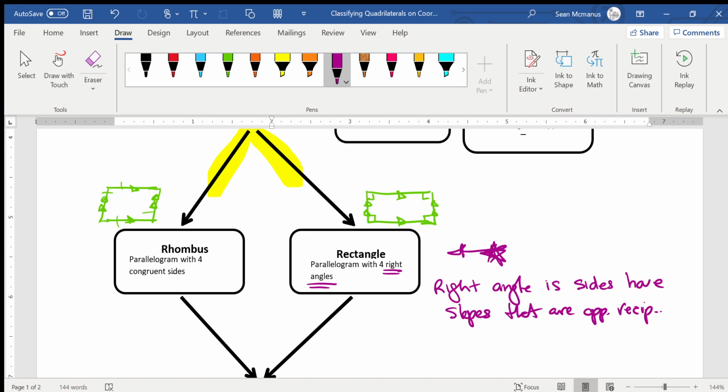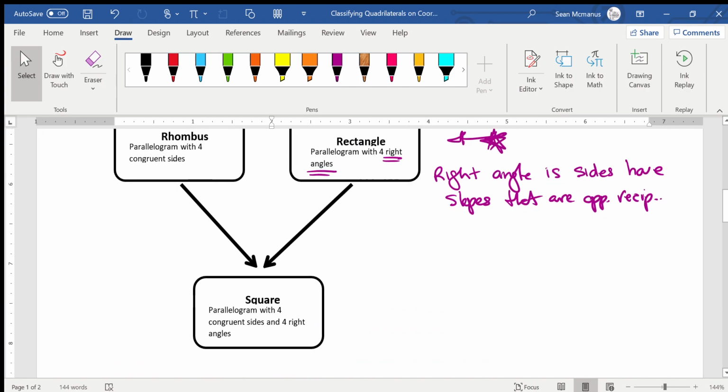So that's going to be really important. We're going to look at the length of each side, and then we're going to look and see what the slopes of each side are, and if they're opposite reciprocals, then that means that's a 90-degree angle. So we have to do it 4 times, a lot of work on these, actually. Okay.